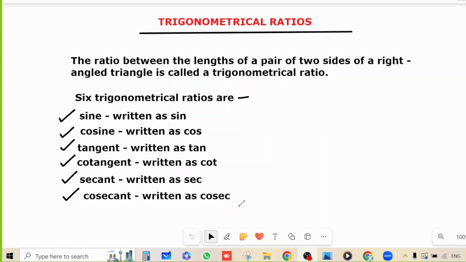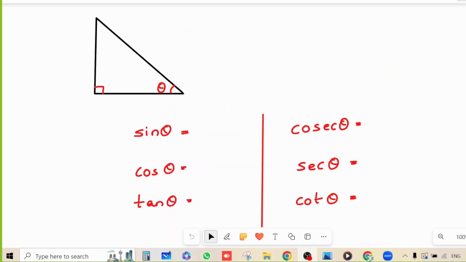Now let us learn what these 6 trigonometrical ratios are with the help of figures. Let us consider a right angle triangle in which theta is the acute angle. So here you can see the side which is opposite to angle theta will become the perpendicular. The side which is opposite to the 90-degree angle will become the hypotenuse, and the side which is next to angle theta, that is the adjacent side, will become the base.